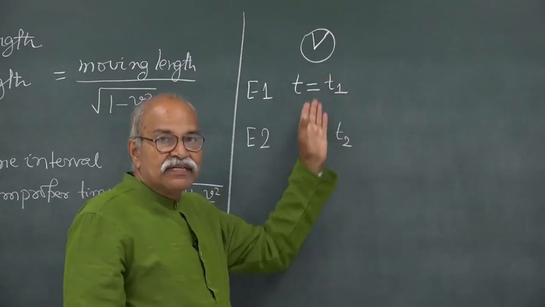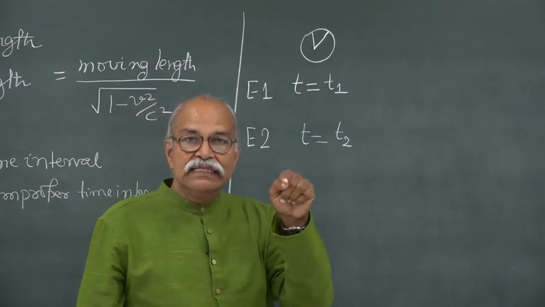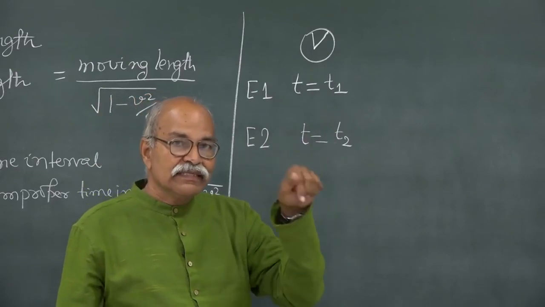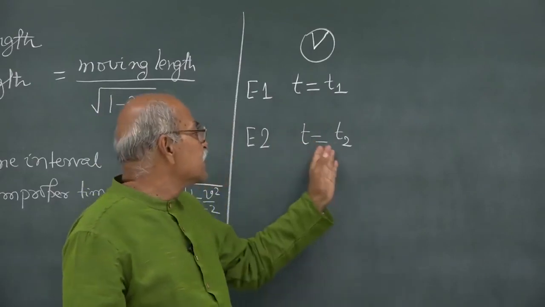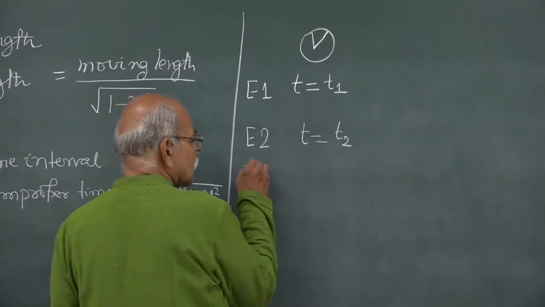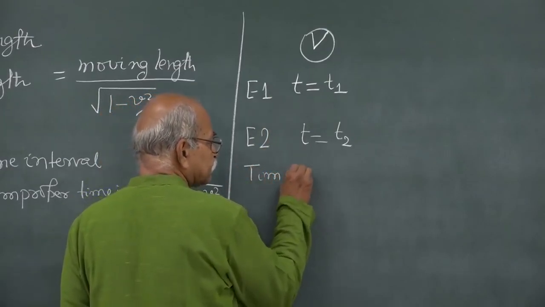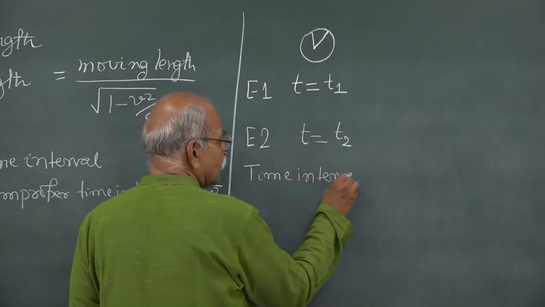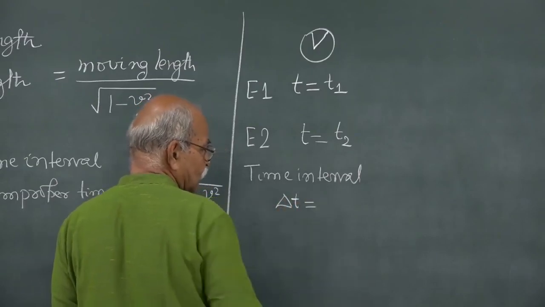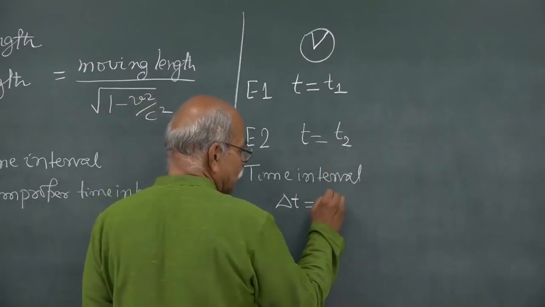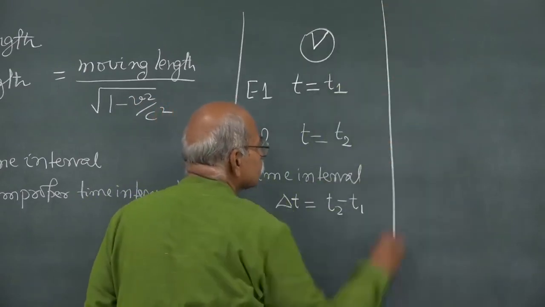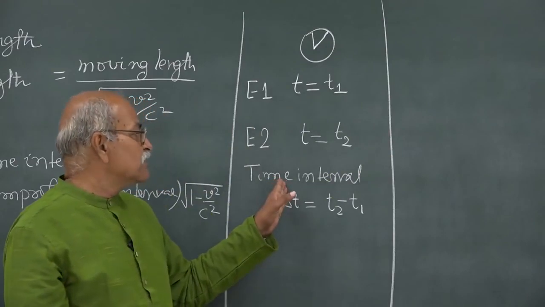So, these are two different events, and the time interval delta t is t2 minus t1. That is the time interval, and this is the proper time interval.